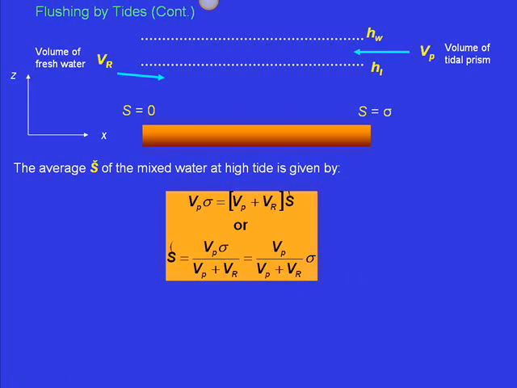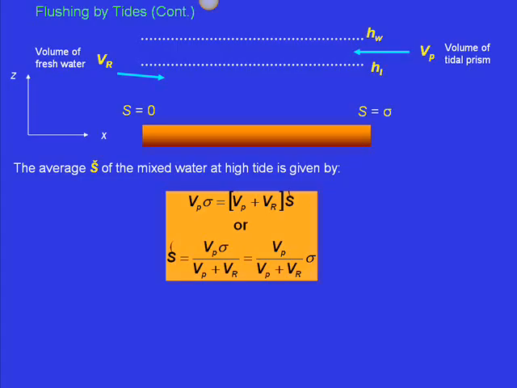So what's going to happen, just conceptually, without looking at that ratio first, if the tidal prism is much greater than the river volume? What's going to happen to the salinity that's going out? Is it going to be similar to the salinity of the ocean, or is it going to be zero?